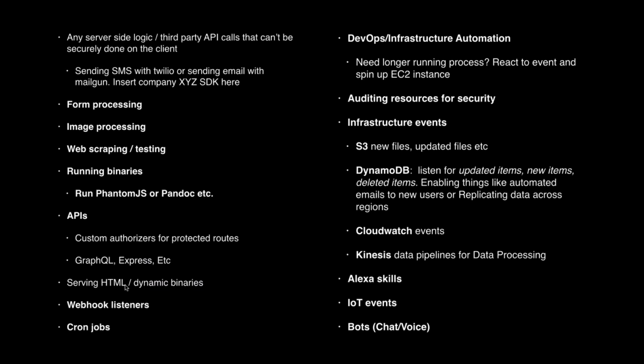A good example of this is a lot of our partners at Serverless, they will run marketing campaigns where it's really spiky traffic. They'll create marketing pages through API Gateway, and Lambda will dynamically generate the page and serve back the HTML to that person, and they don't really need to worry about scaling those instances because AWS handles all that for you under the hood, which is really cool.